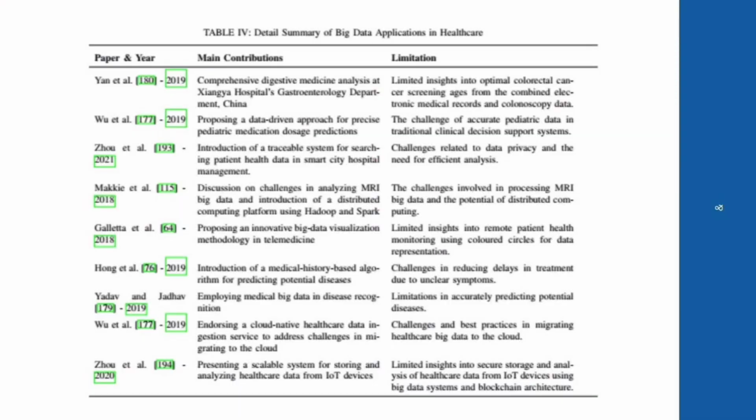Because if we are going to discuss any gaps, then we have to get the gaps from these papers. And definitely if we are going to defend some solution for these gaps, then we have to go toward these papers and cite them. So in this table you can see the main contributions and the limitations of these papers and these ideas.